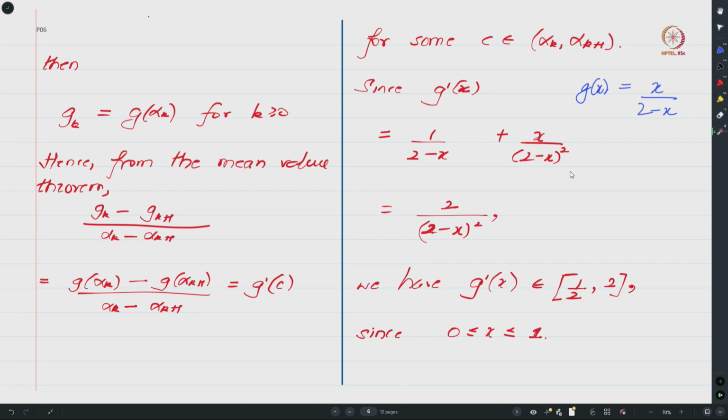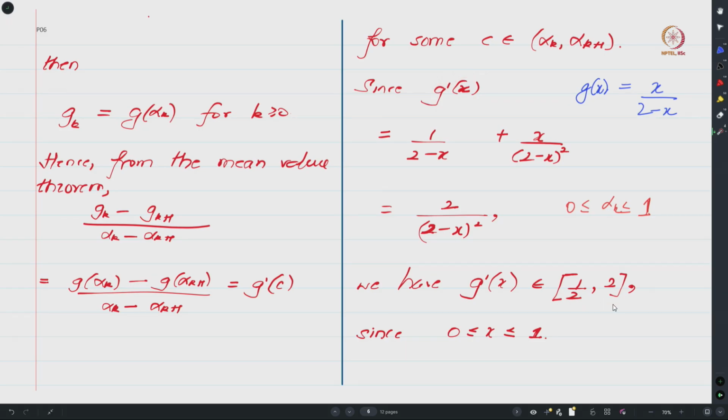One can easily verify this, right, and if I multiply and divide the first expression by 2 minus x on the numerator and denominator, one can see that the 2 minus x plus x will lead to a 2, and the denominator results in 2 minus x the whole square, right, and we are going to focus on the case where alpha k actually takes values between 0 and 1, and wherever there was x, actually we have replaced it with alpha x, and hence our x also lies between 0 and 1, right, and this tells us that your g prime x actually takes values between half and 2, right.